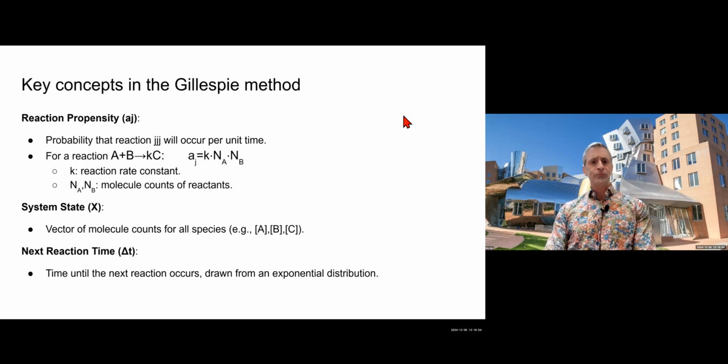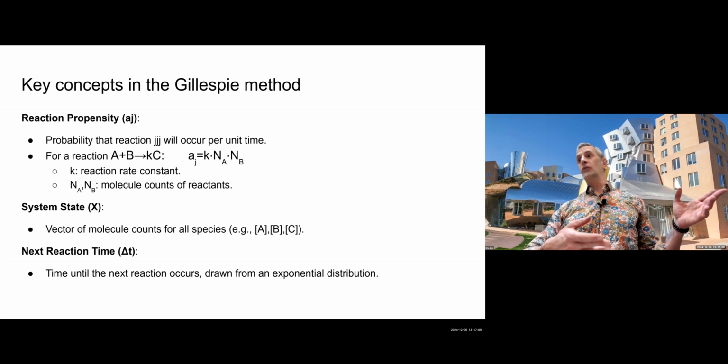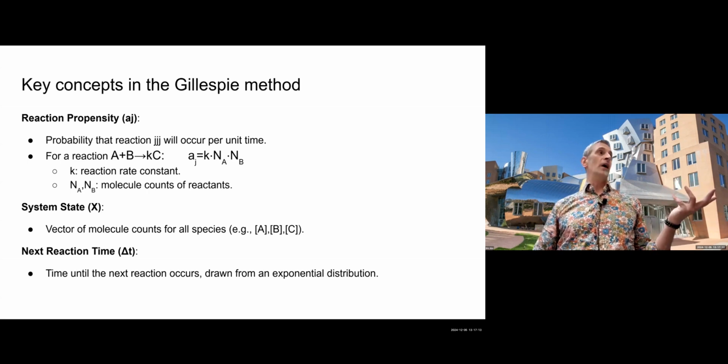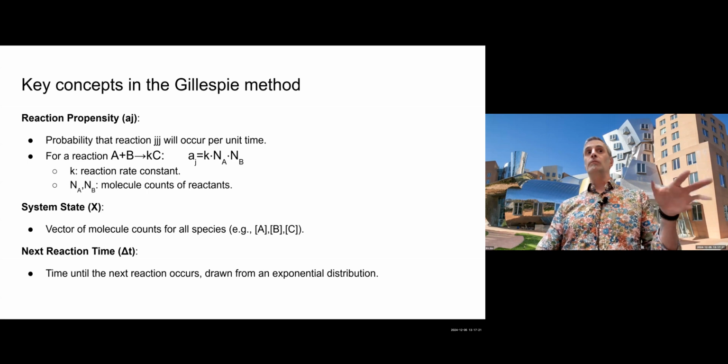So our reaction propensity, we're going to calculate that based on everything that's going on in the cell. So once we update our system, and we've been running our reaction for a while, maybe initially we started out, in reaction 1, with 0 molecules there to serve as substrate for the reaction.